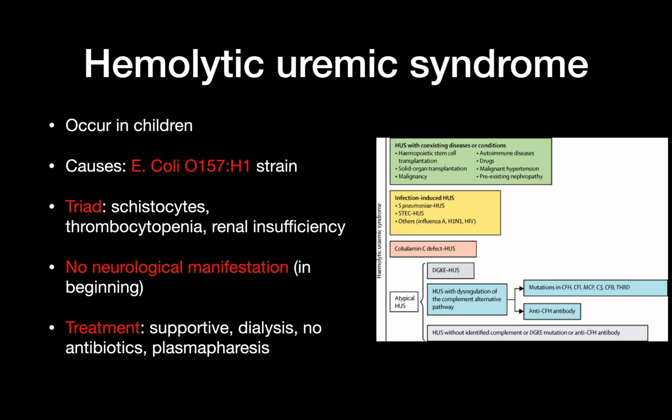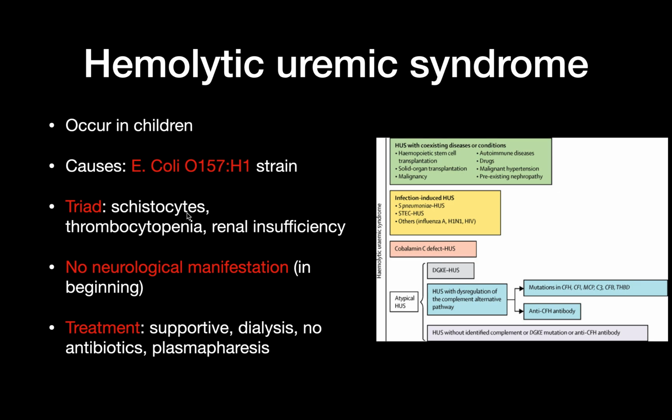The hemolytic uremic syndrome coexists with a bunch of other diseases. It can be due to malignancy, autoimmune disease, drugs, malignant hypertension, nephropathy, stem cell transplant, and it can be due to infections, so S. pneumoniae, a strain of E. coli, particularly the O157:H7 strain. It occurs in children.